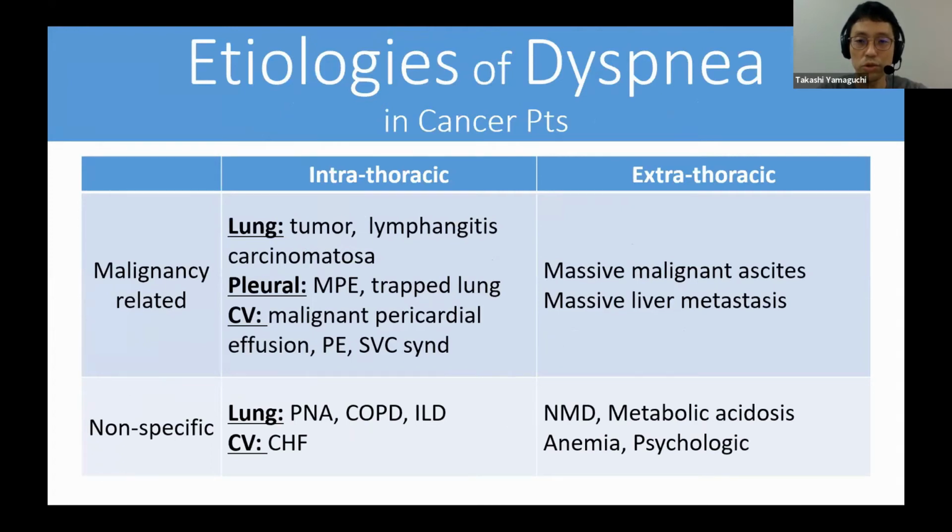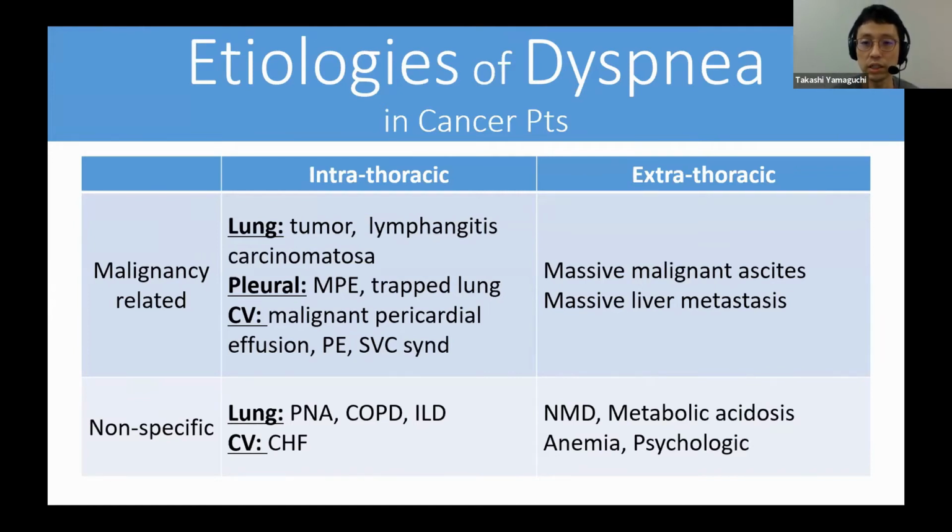And this table shows the etiology of the dyspnea in cancer patients. So etiology exists not only in the chest cavity, so lung or heart, but also outside of the chest. For example, the restriction of the diaphragm movement by massive ascites or huge hepatomegaly.